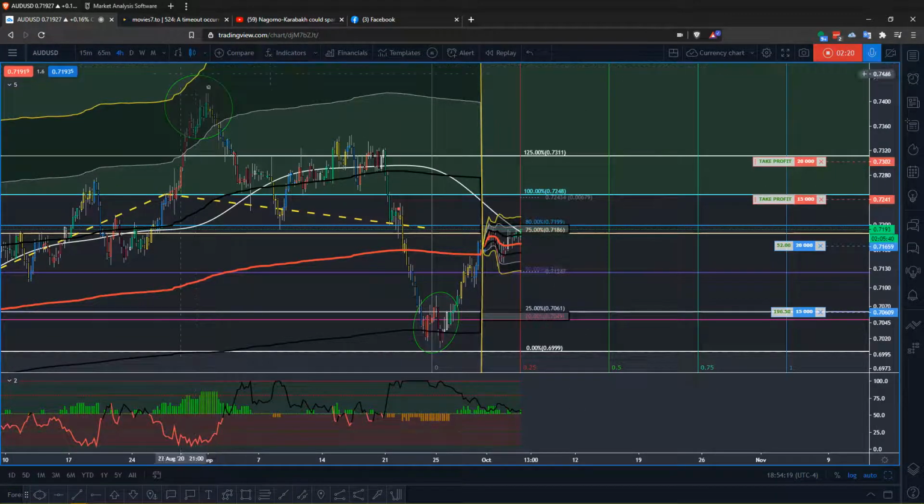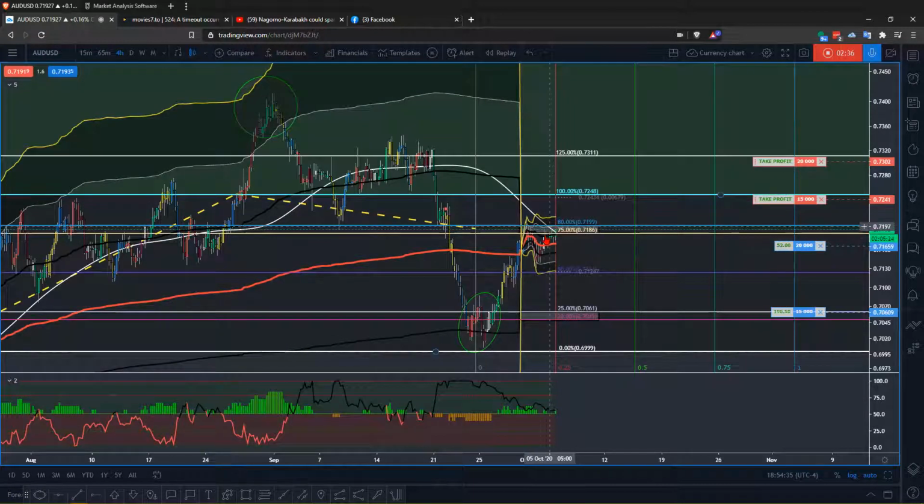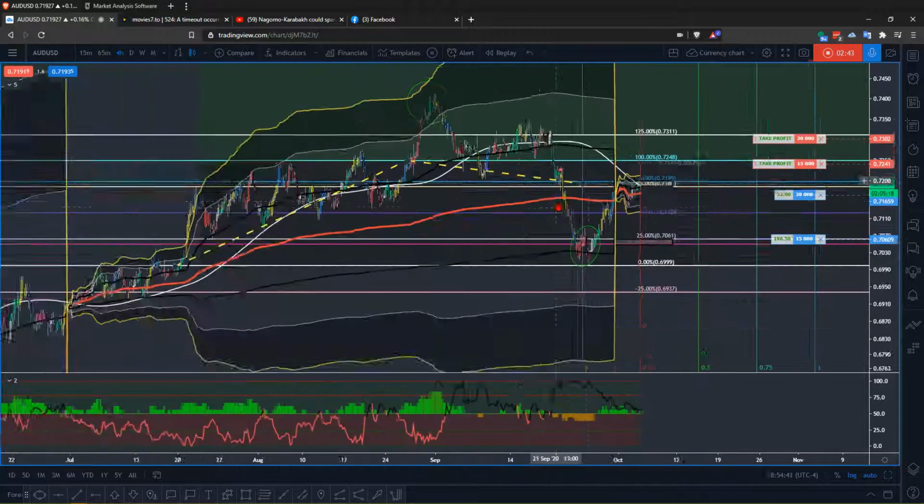Before I switch off of this 4 hour chart, I do want to point out these yellow lines that I have out here. Those are going to be my 3 standard deviation moves. And the thing that I've noticed with the opening quarter or the opening few weeks of the quarter is that once we tend to find a direction to go in, we usually follow that direction for a while.